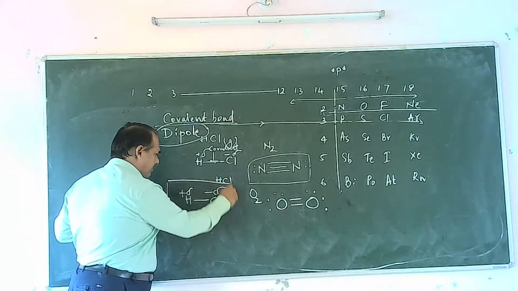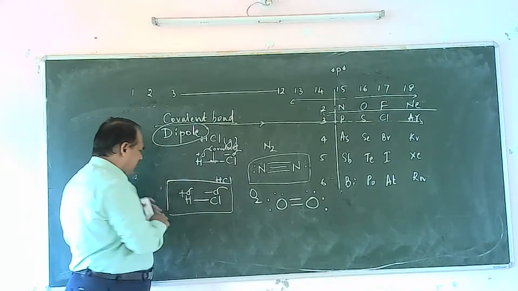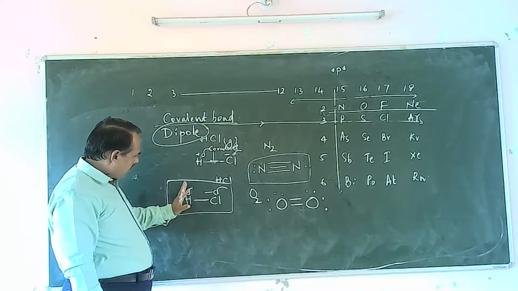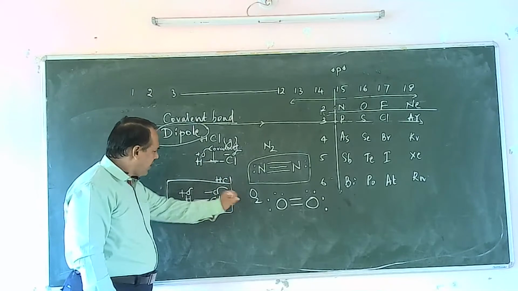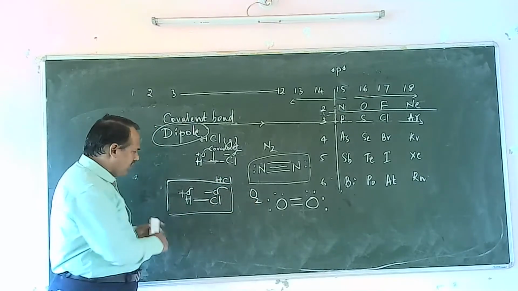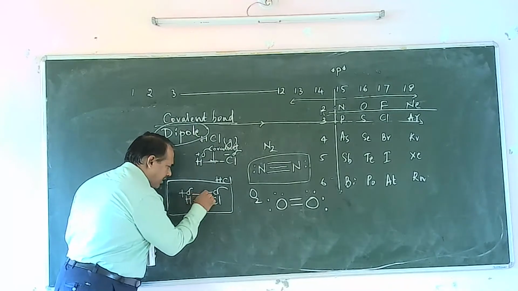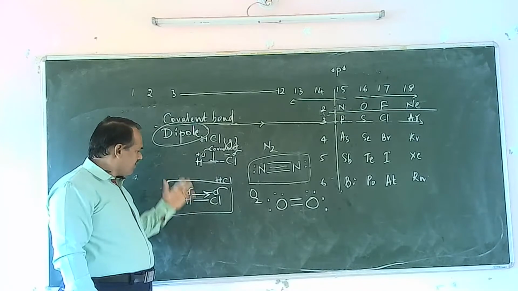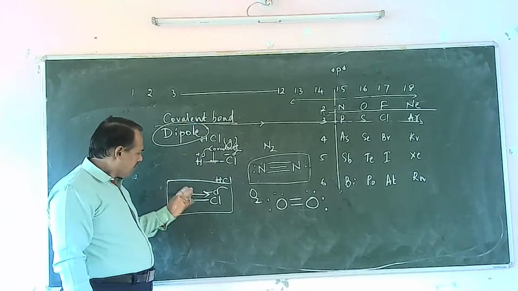See, come to this particular example. Dipole is nothing but the electron being shared more towards the more electronegative element. So this is nothing but the direction. You find the direction, so it's a vector quantity. Dipole moment is a vector quantity.